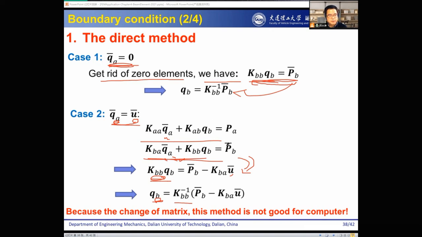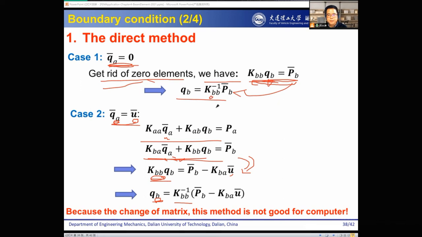But this is not preferred in FE coding or in any coding. Why? The reason is, when you get rid of the 0 elements, you are changing the dimension of the matrix. When you have a large matrix and you change its dimension, it sometimes will cause errors. Second, when we try to work out QB, we are doing the inverse of the matrix.